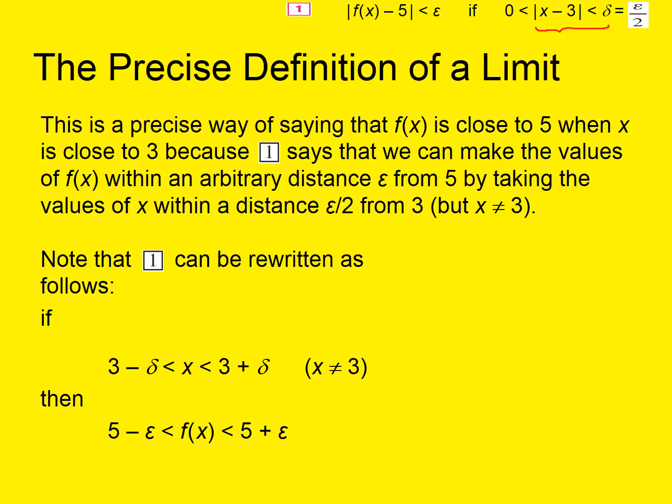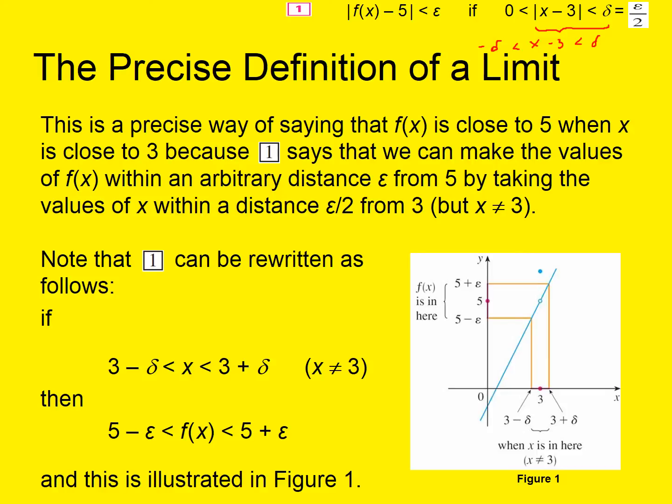Basically we would be saying negative delta less than x minus 3 less than delta, and add 3 to all three sides. But if that is the case, then we can write a compound inequality involving f of x using the same sort of algebra: f of x is between 5 minus epsilon and 5 plus epsilon.